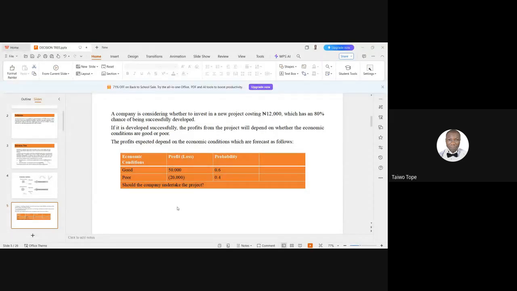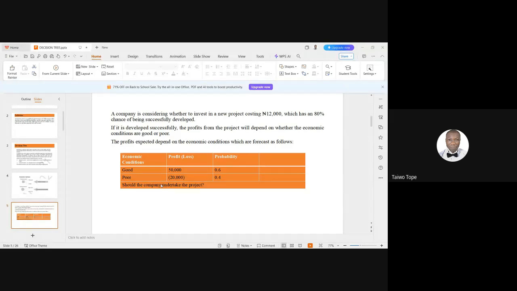And when you have it in decimal like this, when you add everything, it should be 1. Take note. So the probability of it not being successfully developed is 20%.